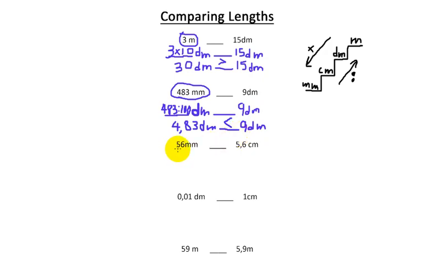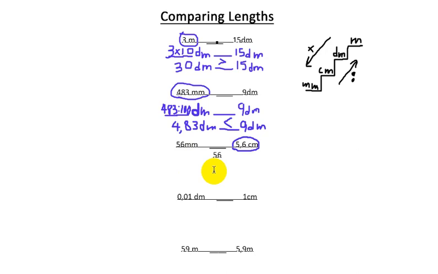Next, let's move on. 56 millimeters, 5.6 centimeters. Okay, let's pick the big one this time, and the one on the right. Centimeters is more than millimeters. Okay, so I'm going to rewrite. Let's actually write this.